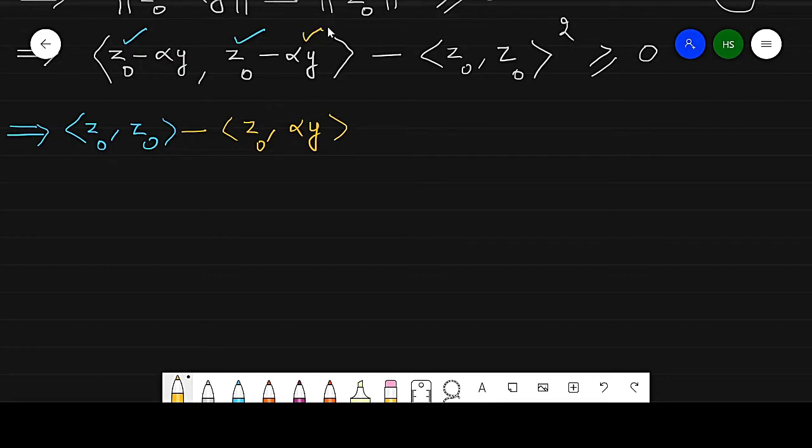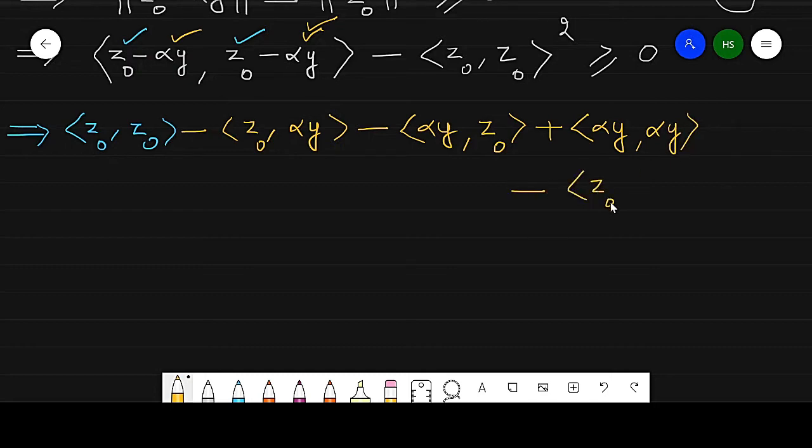Now taking the other one, minus alpha y comma z naught, and again this with this, so minus minus plus, the inner product alpha y comma alpha y, and minus z naught comma z naught, and this is greater than or equal to 0.